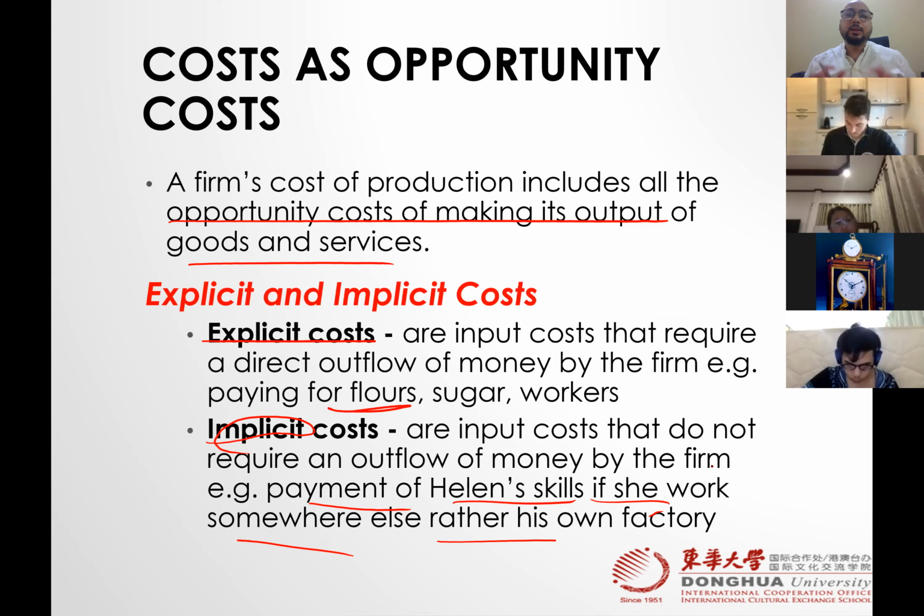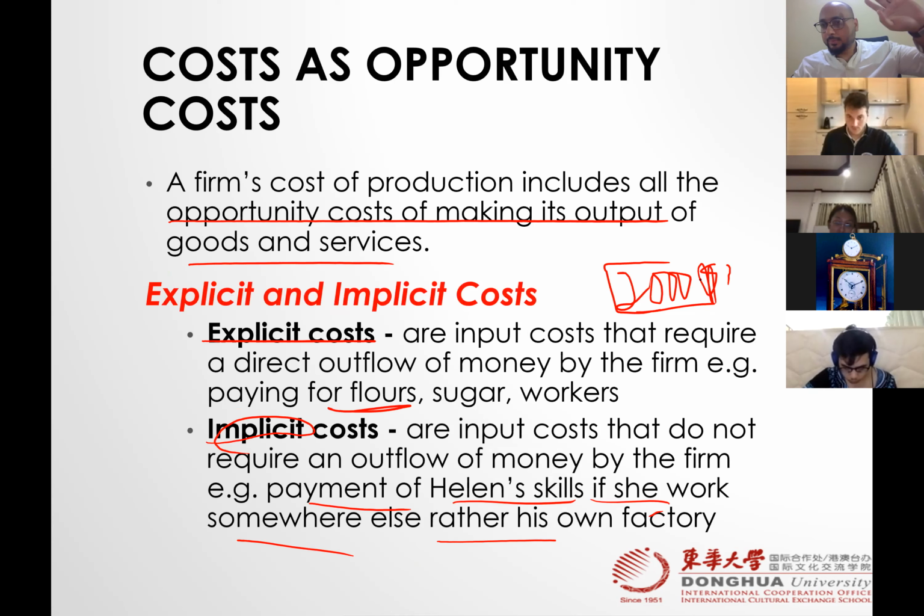What if she worked for somebody else and could earn $2,000 rather than opening her factory, but she already started her factory. So that $2,000 is not hard cash. Rather, it's a lost income, right? But no actual cash is involved. So we call this implicit cost or opportunity cost.